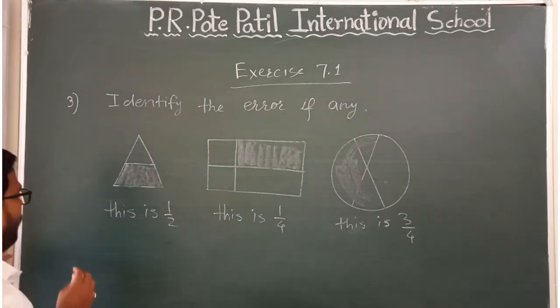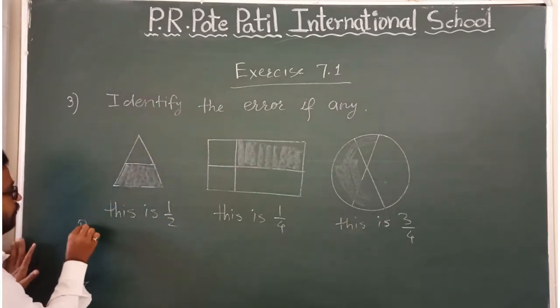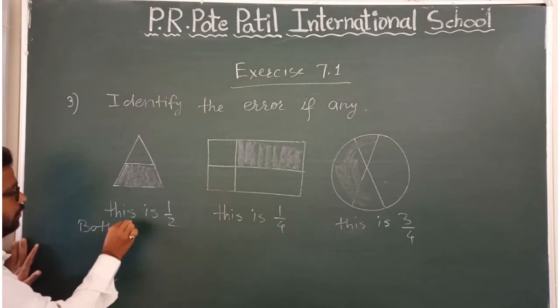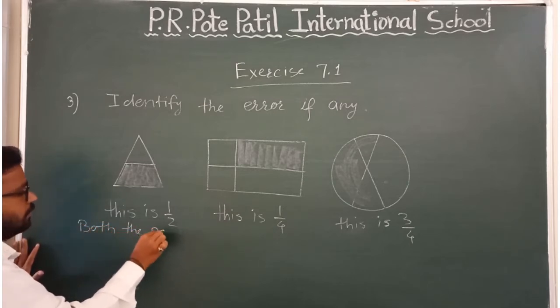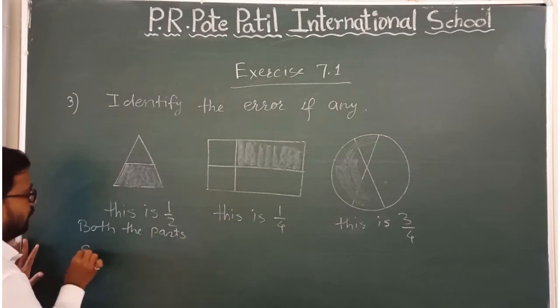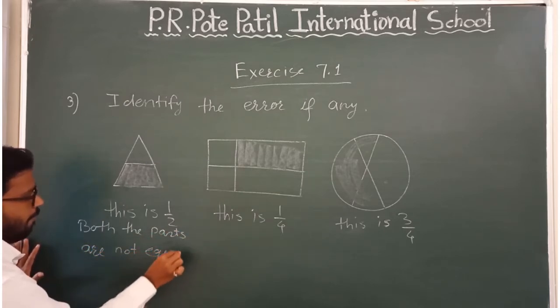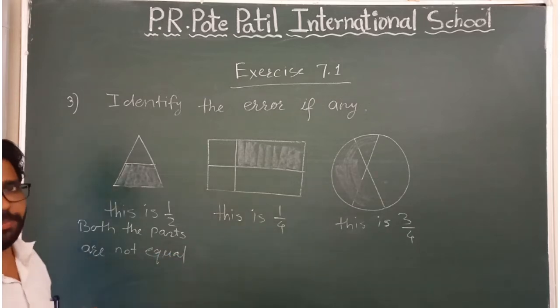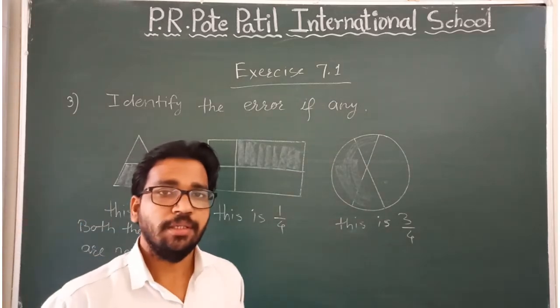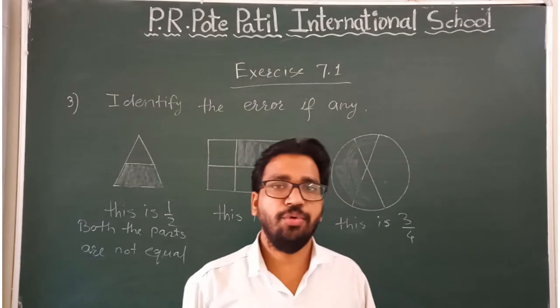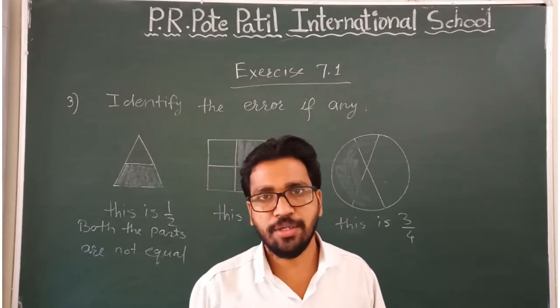I have to write here that both the parts are not equal. Both the parts are not equal, because in the last video I already told you that a fraction is what?